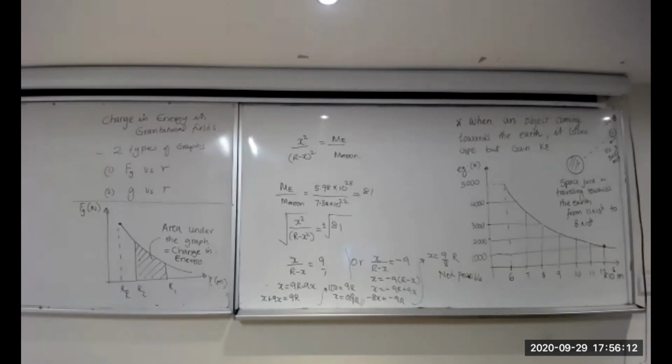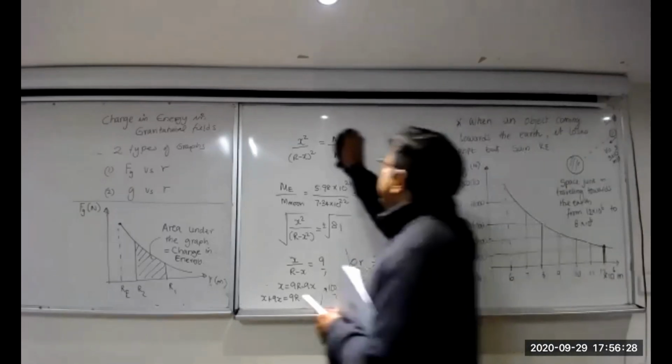So maybe I'll just make it 12 because it's better. So it's coming from here to here. All right, so it's coming from that to that.